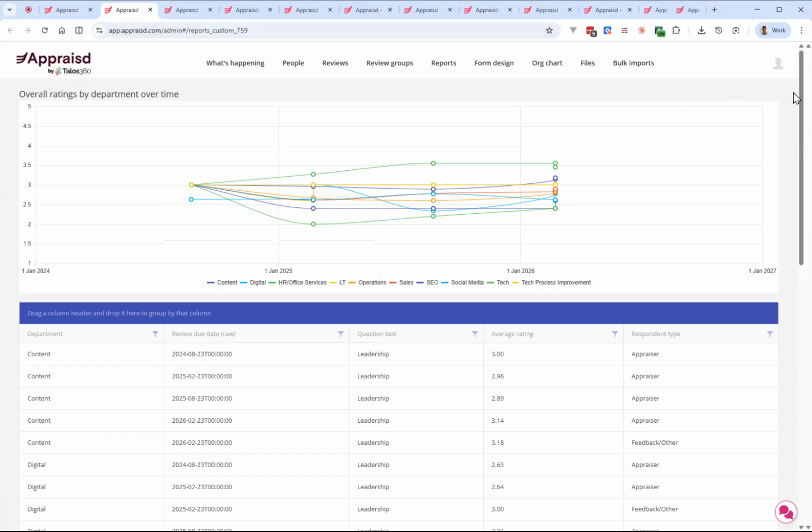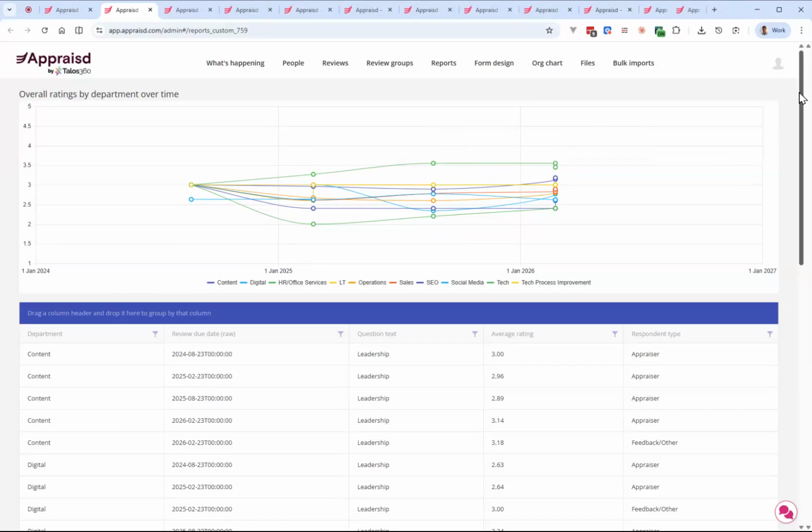So for example, this one tells you about the overall ratings that have been given across your employees over a period of time. And this chart has been split out by department. So we can see here, for example, that the top line, which is HR/office services, have had a consistently high average overall rating across all the people within that department over those last few review cycles.